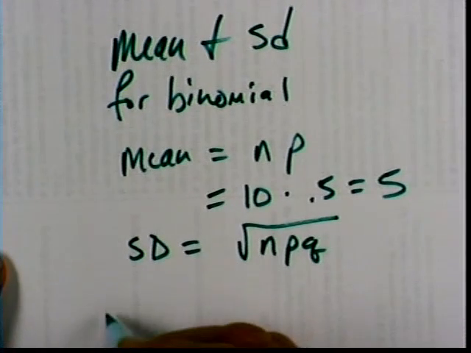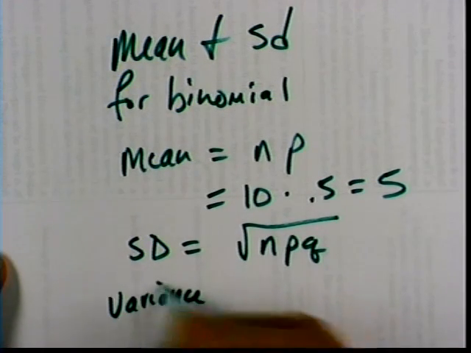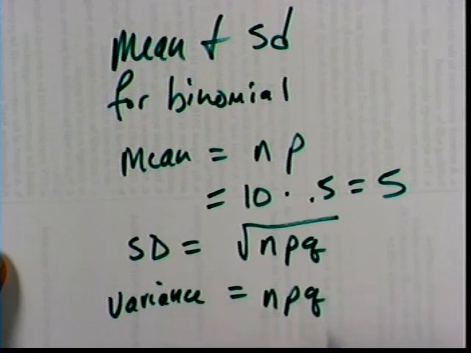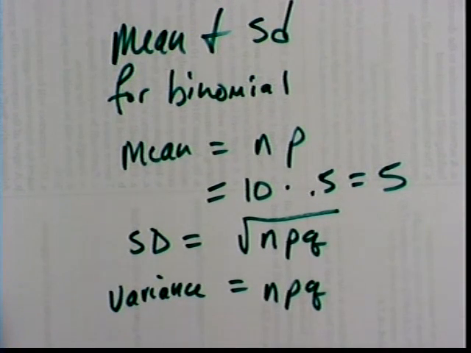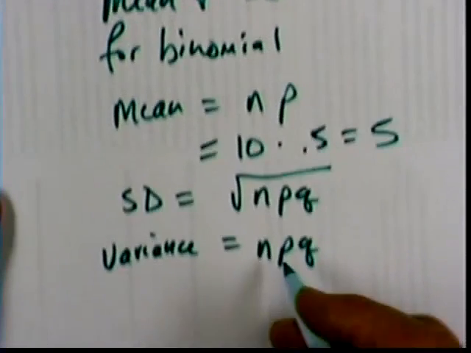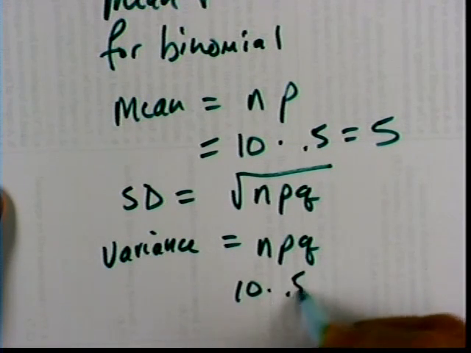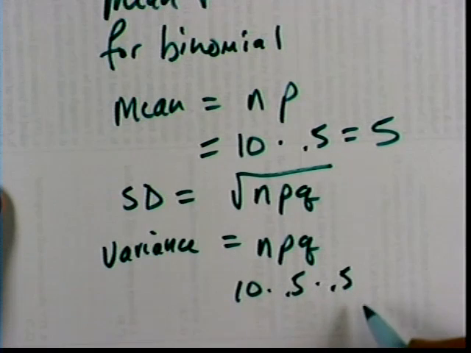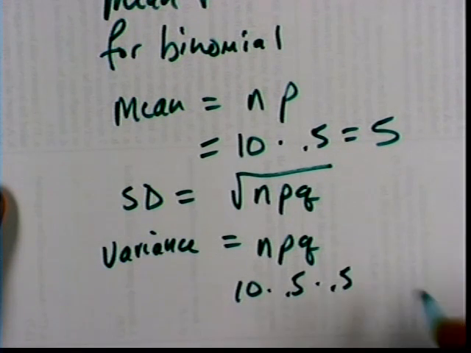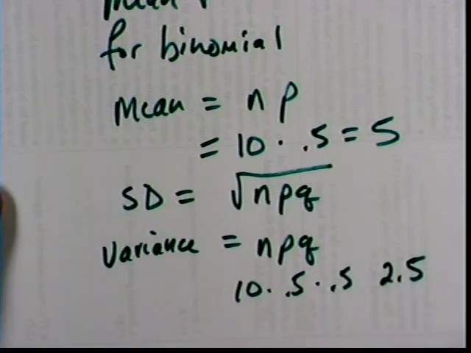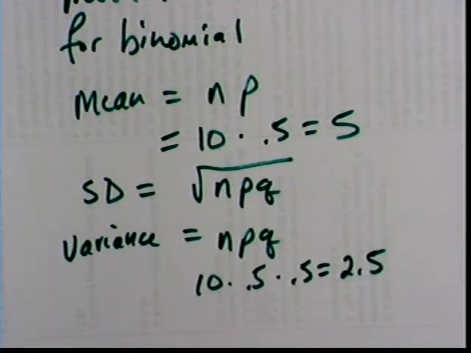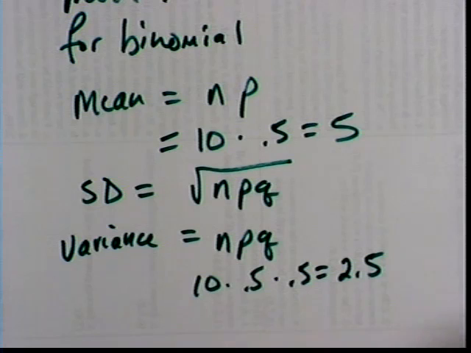That means that the variance is equal to npq. Remember that the standard deviation is the square root of the variance. And so npq is going to be 10 times 0.5 times 0.5, so 2.5 is the variance. And the standard deviation is going to be the square root of 2.5, which is probably 1.8 or something like that, I'm not sure.